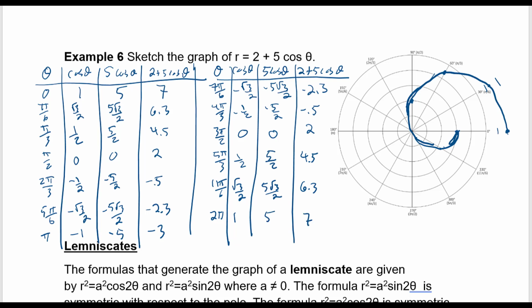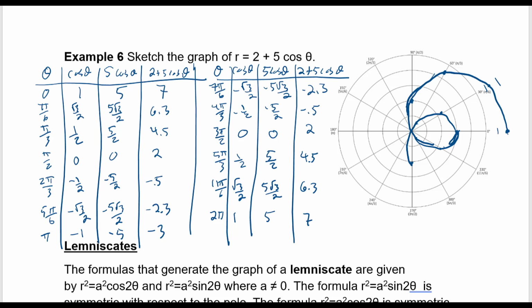So we'll continue plotting points. We're on this one here, and it's going to be a negative 2.3, so right about there. Then we're at negative 0.5 for this one. And then we're at 2 for this one. So what's happened is we've come back around like this.